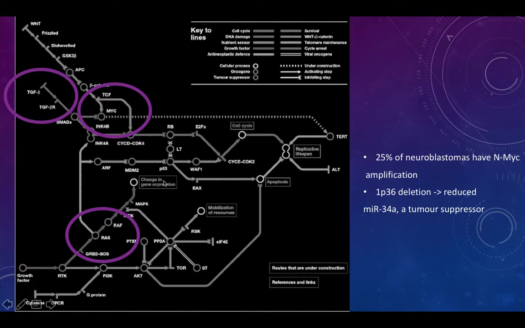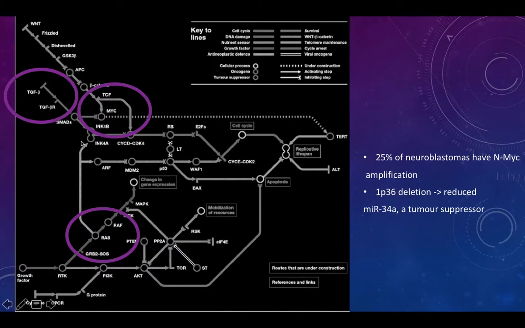So in neuroblastoma, we know that 25% of malignant neuroblastomas have an N-MYC amplification. Why is this relevant? Well, you have TGF-beta, transforming growth factor beta, which is very much associated with mesenchymal cells and repair mechanisms.